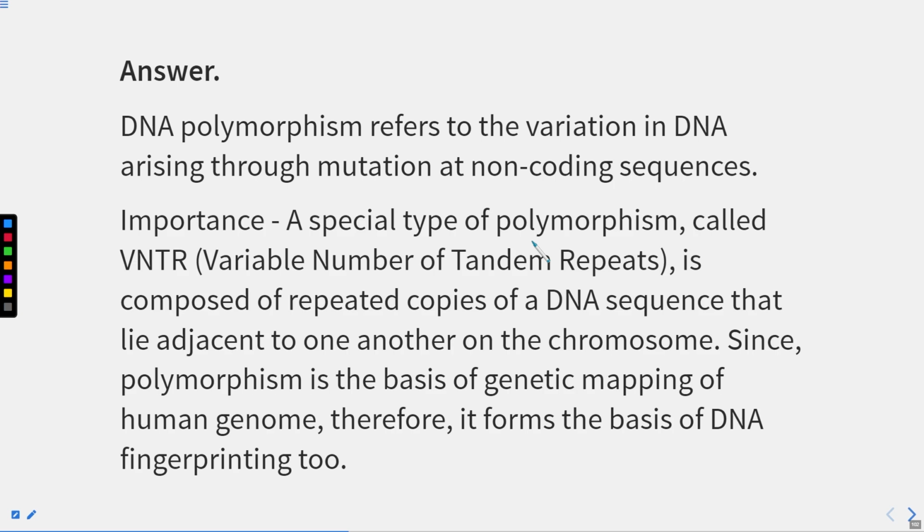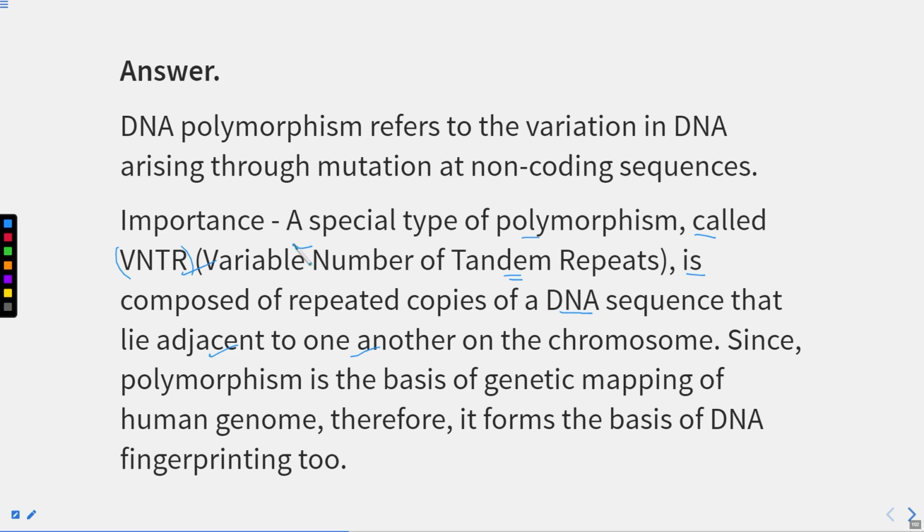Now, what is the importance here? A special type of polymorphism is known as the VNTR, variable number of tandem repeats. Okay, this is composed of repeated copies of the DNA sequence that lie adjacent to one another on the chromosome. So VNTR means variable number of tandem repeats.